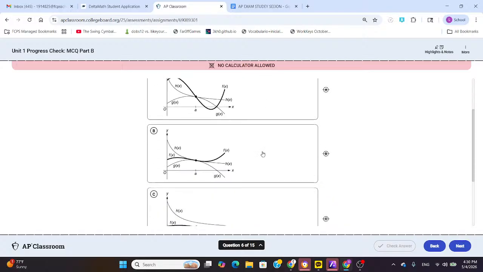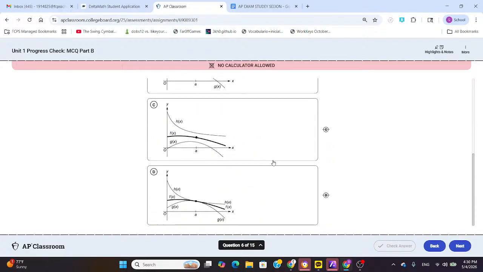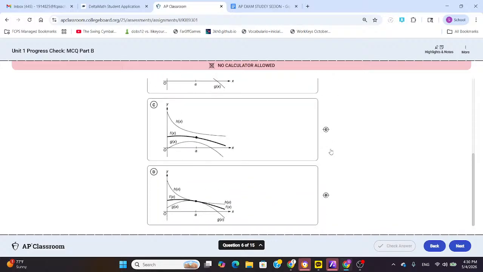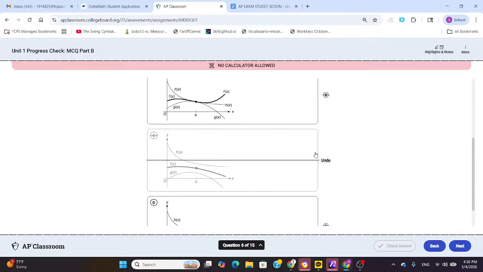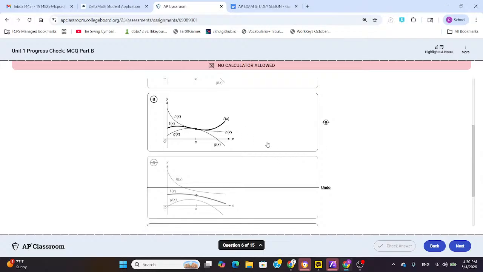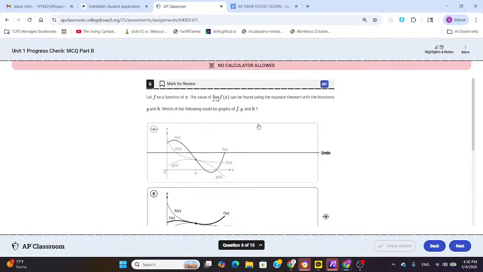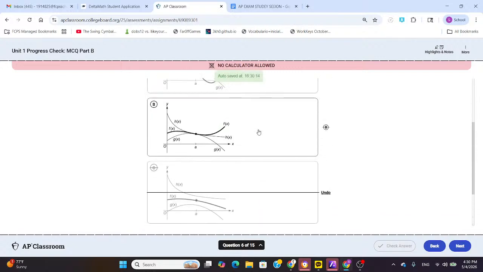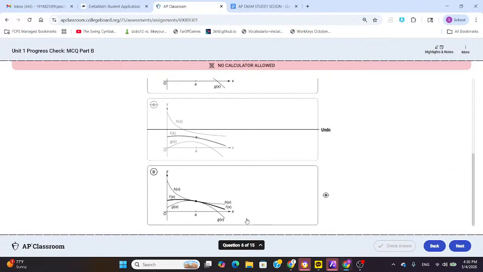Oh, the squeeze theorem. Oh, okay. This is not it. This is also not it, because it's not squeezing it. So if f is in the middle, right? Okay. Should be this.